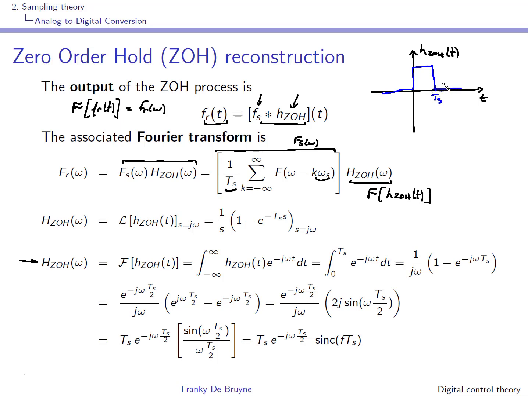So if it has finite support, you can use this trick of computing the Laplace transform of this one, and then replace s by j omega. And you can easily see that the Laplace transform of this signal over here will be two steps.